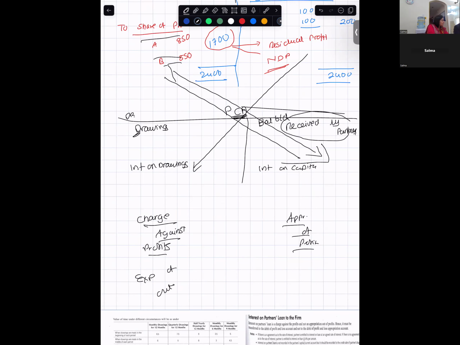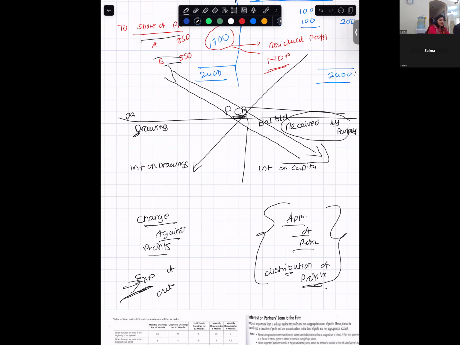Appropriation of profits is just the distribution of profits. The expenses of outsiders have to happen, whether there is profit or no profit. And appropriation of profit is distribution of profit.